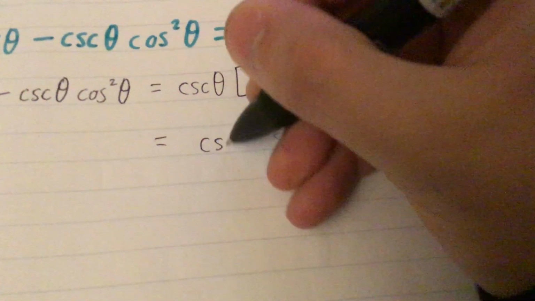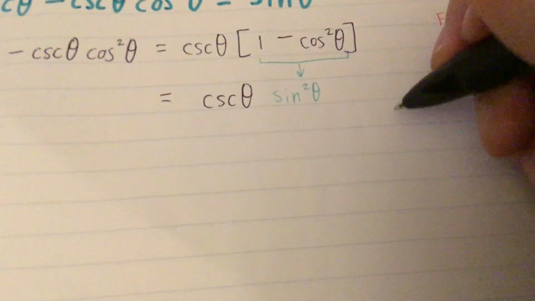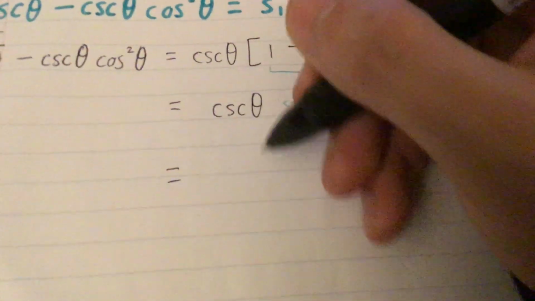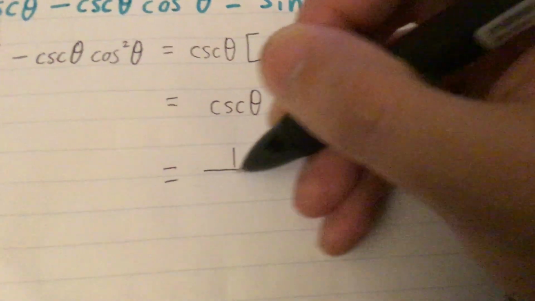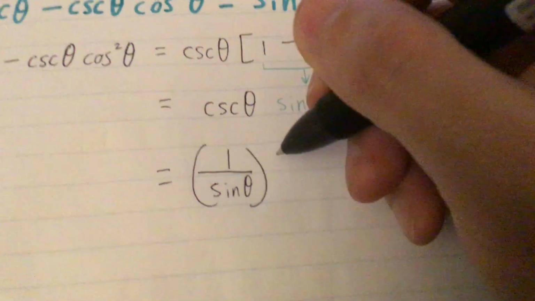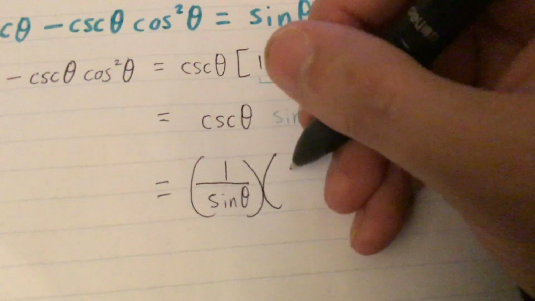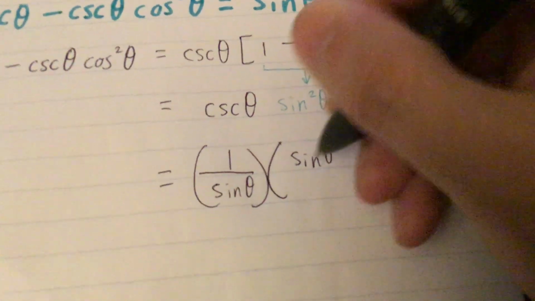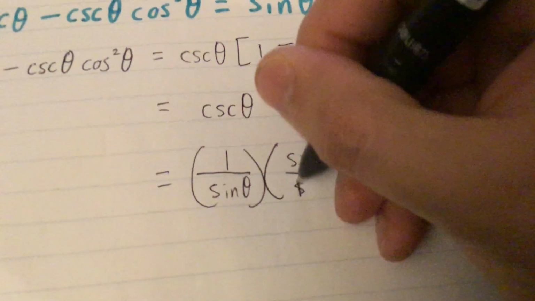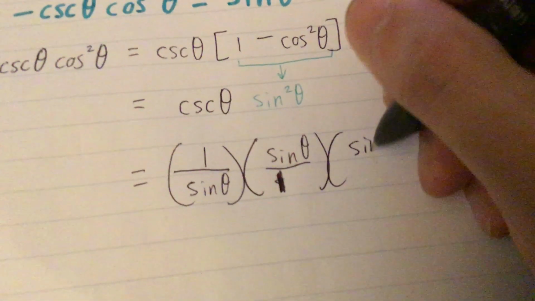I've got cosecant of theta times sine squared of theta, and I know that I can rewrite cosecant of theta as 1 over sine of theta. And I can write sine squared of theta as sine times sine, or sine of theta over 1, times sine of theta over 1.